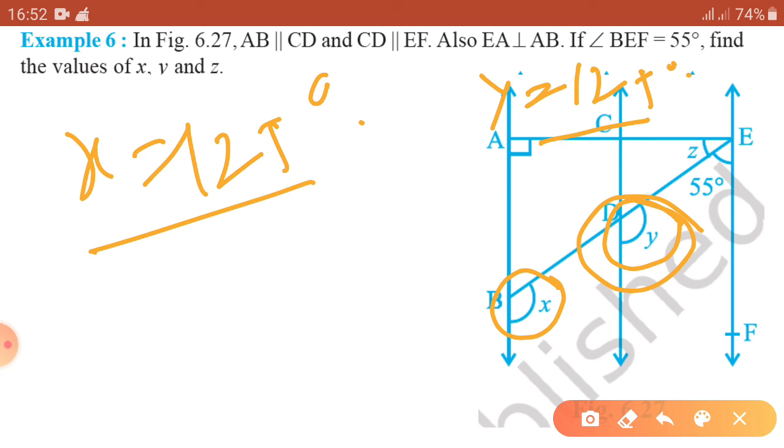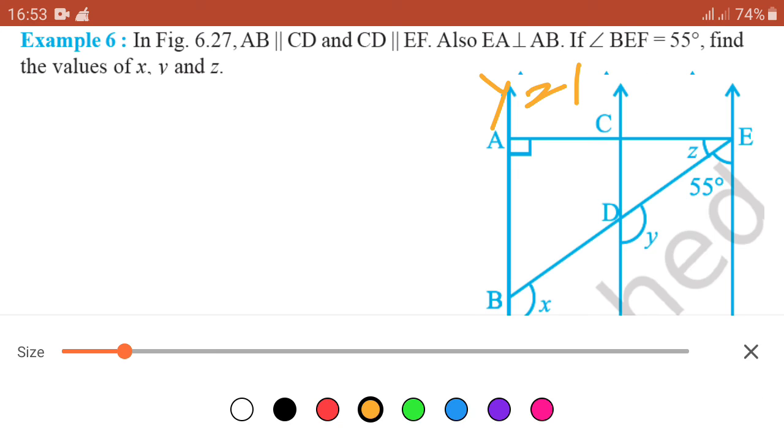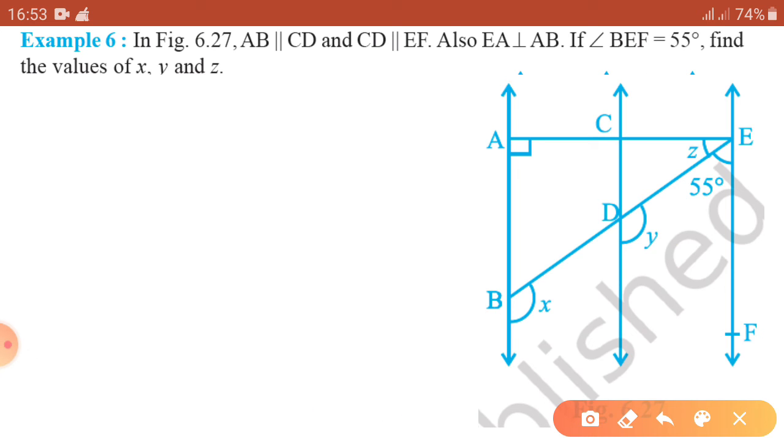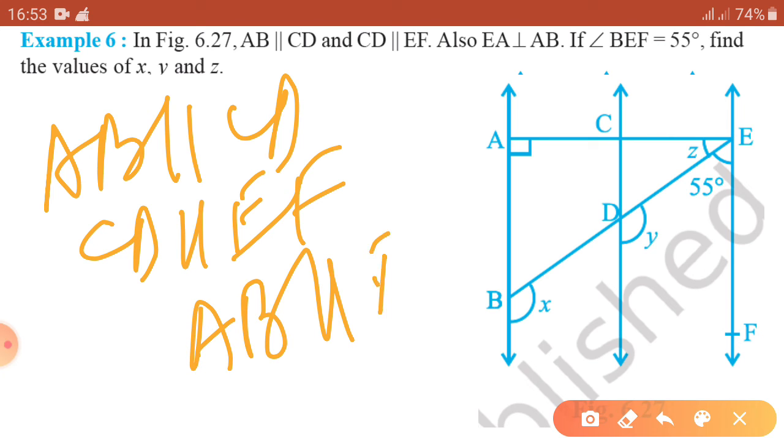Now since AB parallel to CD and CD parallel to EF, therefore you can write that AB parallel to EF.